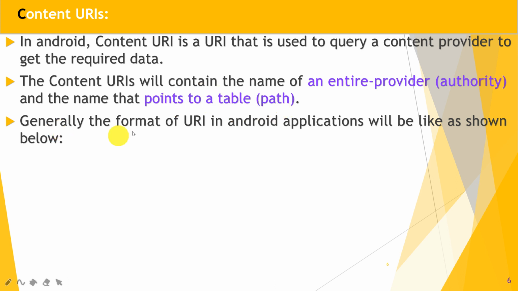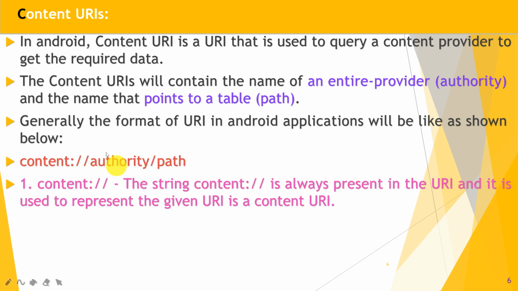Generally, the format of a URI in Android applications will be as shown below: content://authority/path. So here this is the content URI. The content URI contains the first part, that is content.